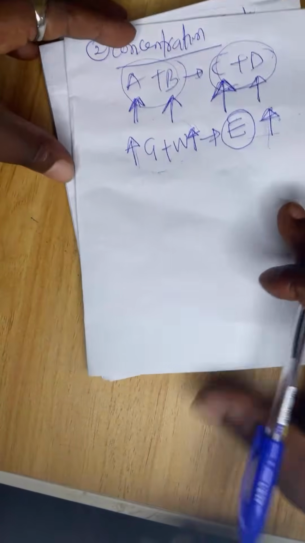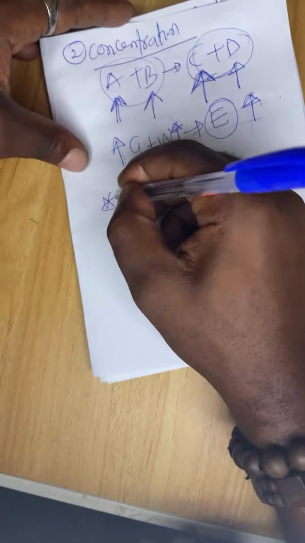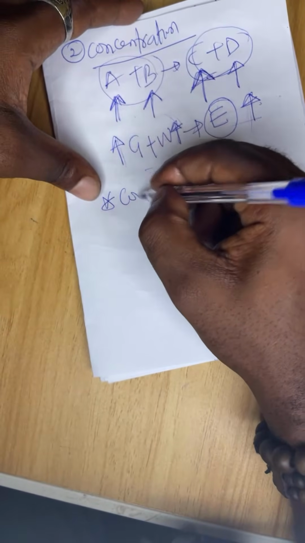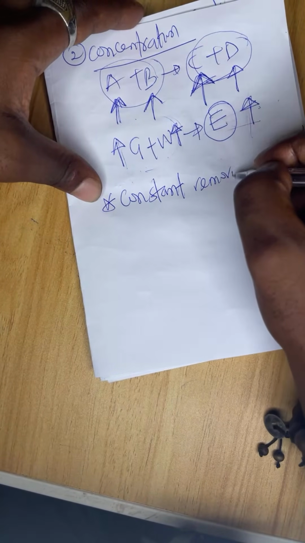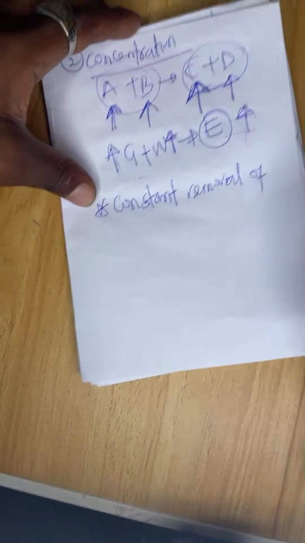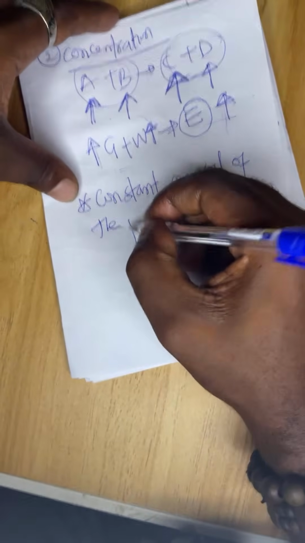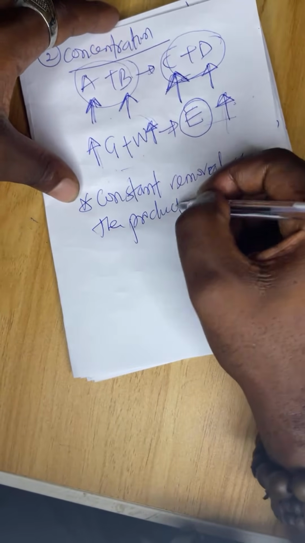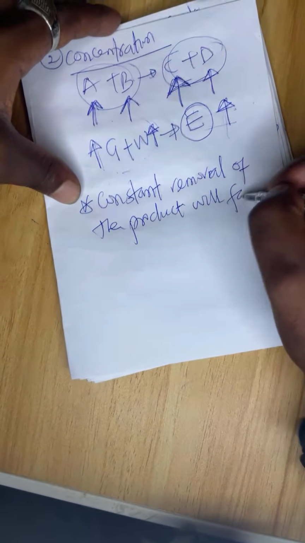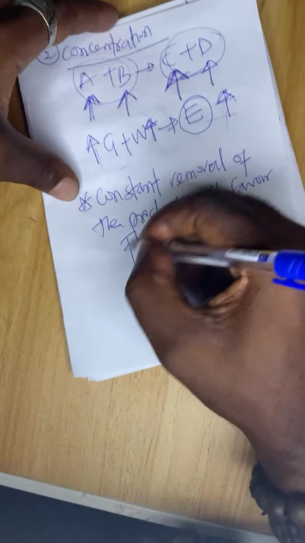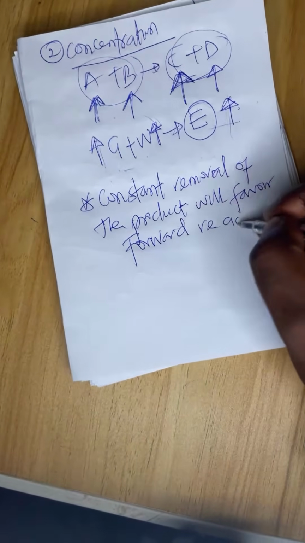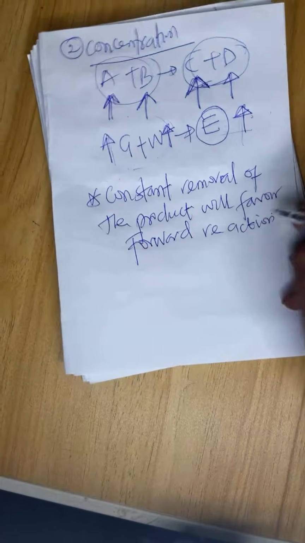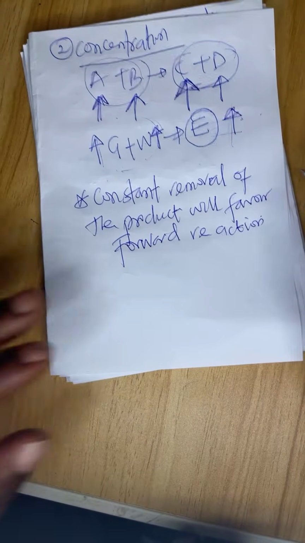Now let's go. The one that is not inside your textbook is constant removal of the product, which will favor the forward reaction. This one is very simple and you must know it.